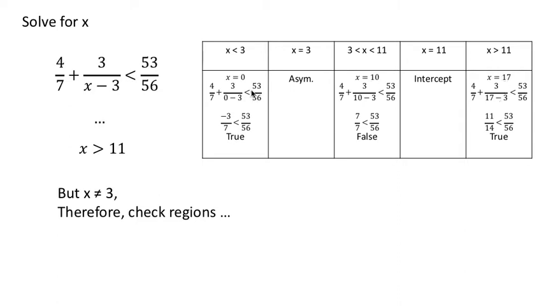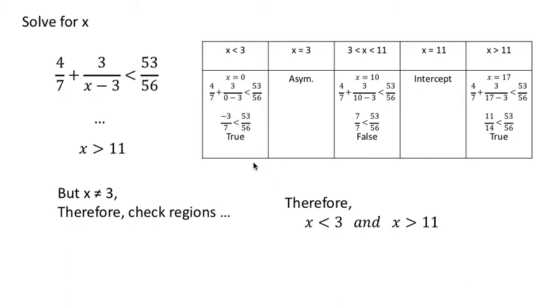What we see is, when x is less than 3, the left-hand side is less than the right-hand side. Between 3 and 11, it doesn't work. When greater than 11, as we suspected, it does work. So x is greater than 11, definitely, but it's also x is less than 3.